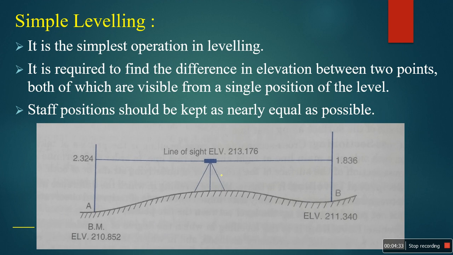Then keep your leveling staff on station A, rotate your telescope towards the staff, and note down the reading. As I told you yesterday, in the telescope there are small lines at equal distances, maybe 1 centimeter, and similarly on the other side, from the center line.